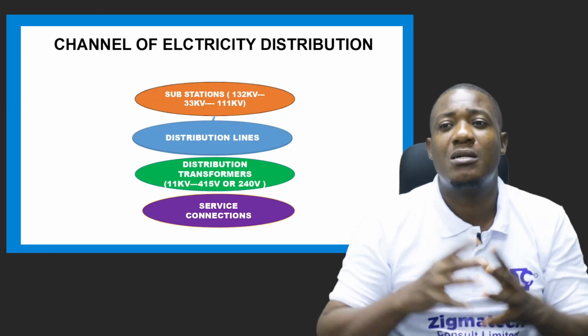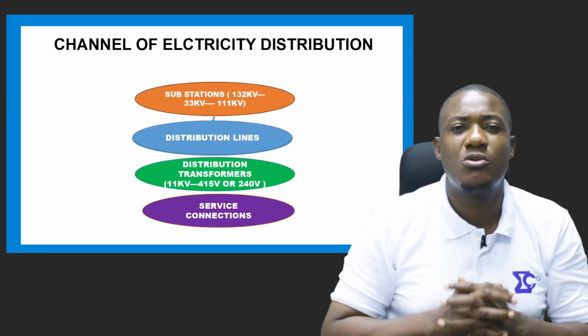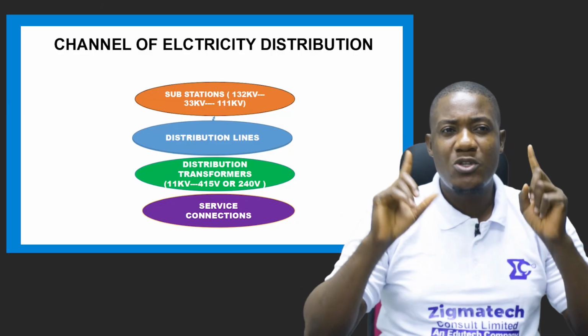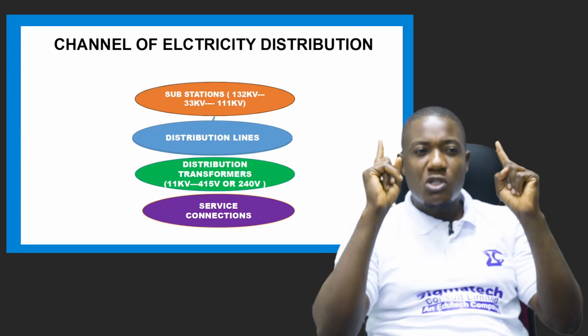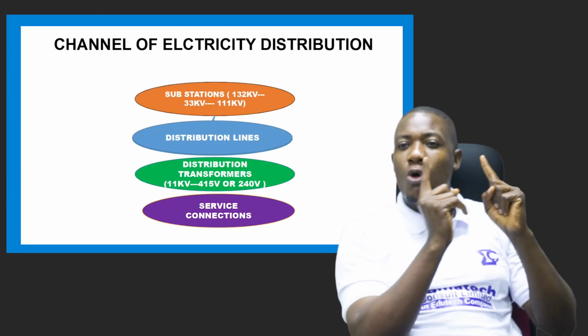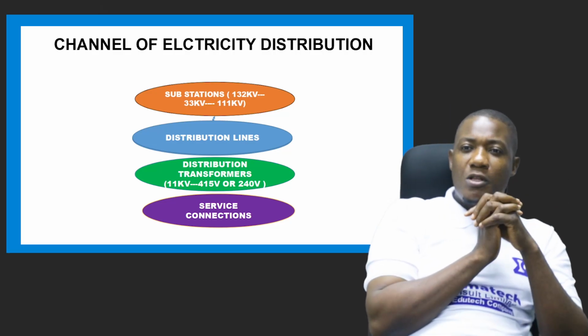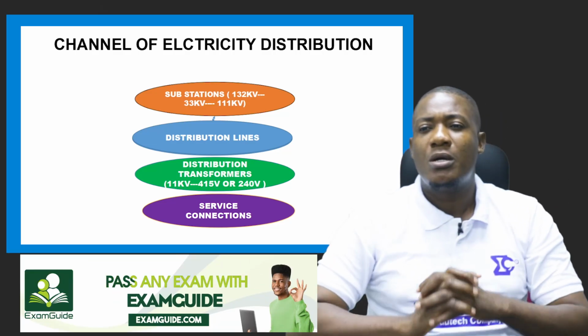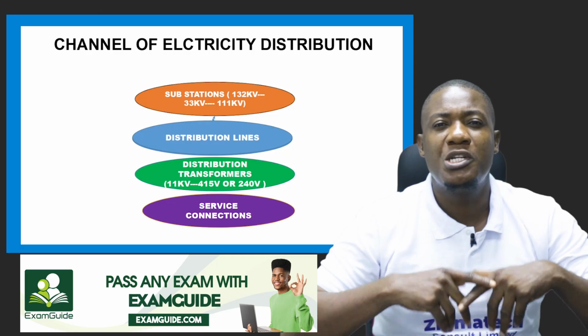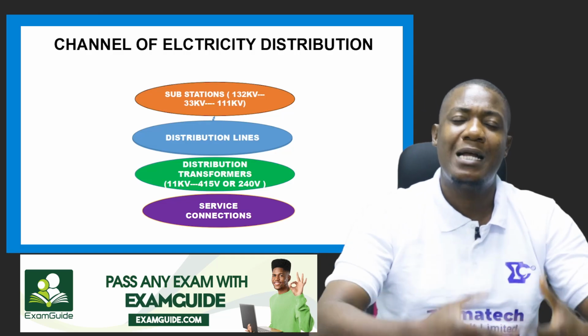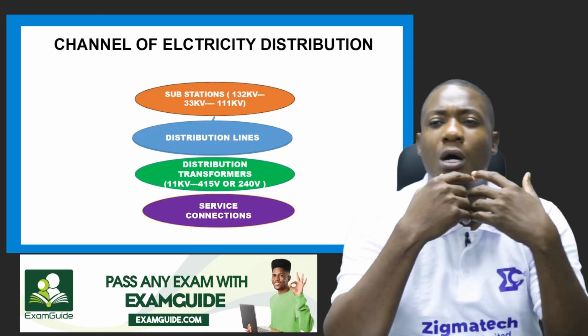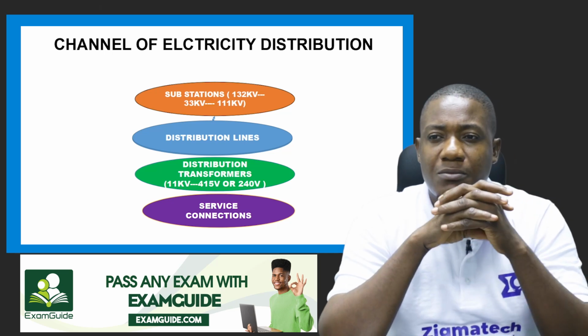Now, that line, we have to also move them to distribution lines, where it will be carried from the distribution substations to people's houses. Now, from the distribution lines, it will enter the distribution transformers.